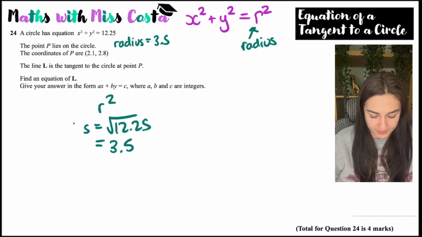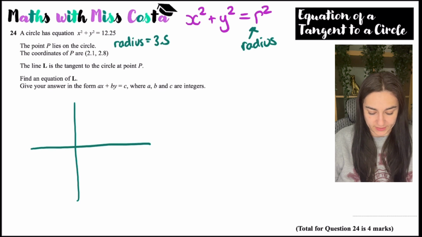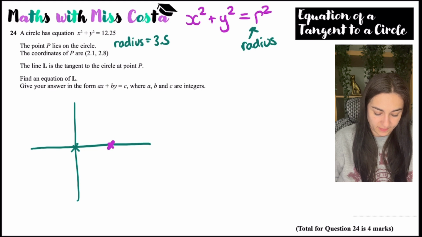Now, what else have I been given? I know that the point P lies on the circle. I know that my circle is going to have a centre of 0, 0 because it's GCSE. So if the radius is 3.5, I can start by just filling in where some of my coordinates would be. On a horizontal line, that would be 3.5, that would be negative 3.5.